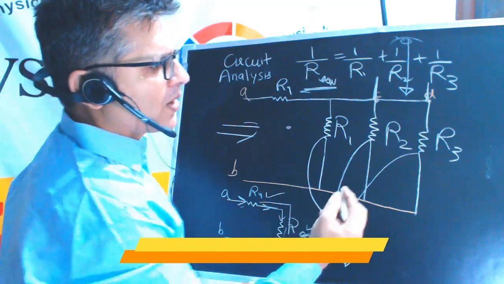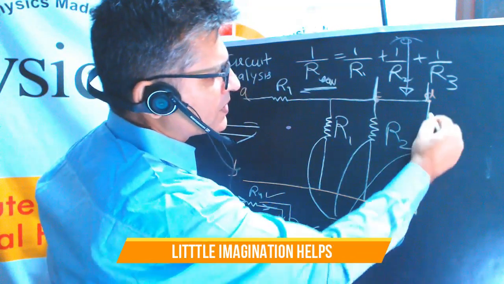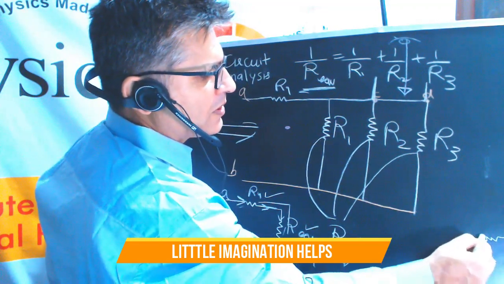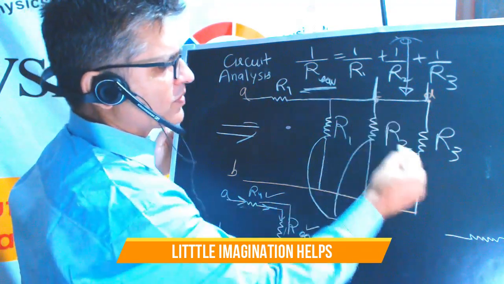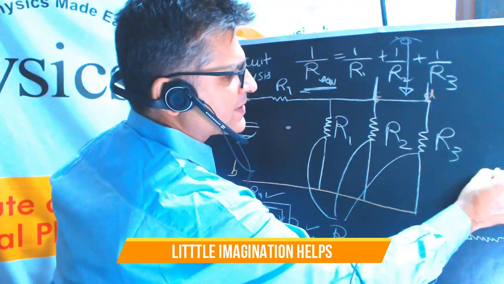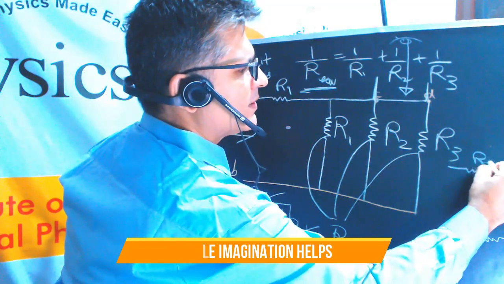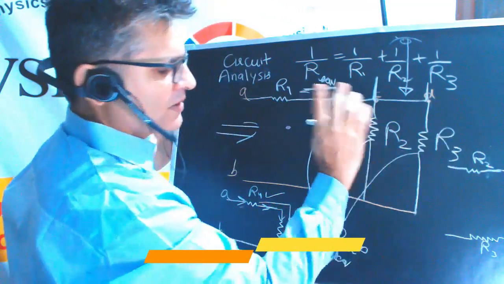And what you can do now is, you can see D is connected to this resistance, which is R3. So you can draw your R3, and you can connect your C to the resistance which is R2, right? So this is your R2, and this is your R3. And now you are looking at everything.